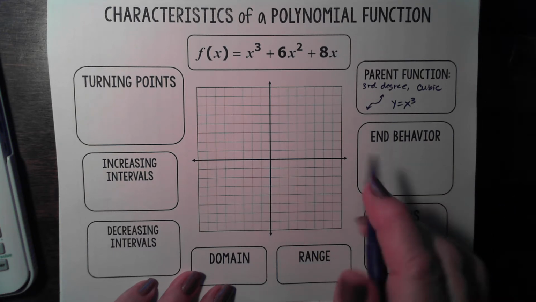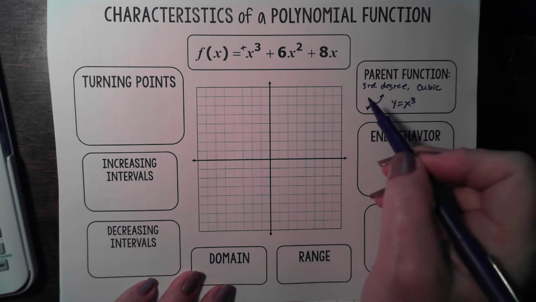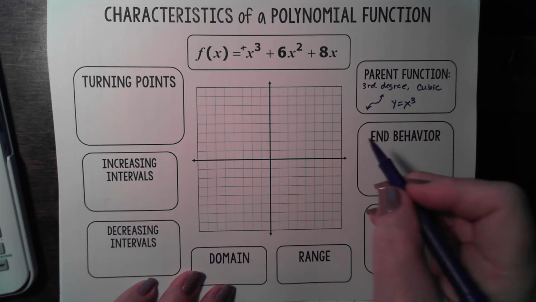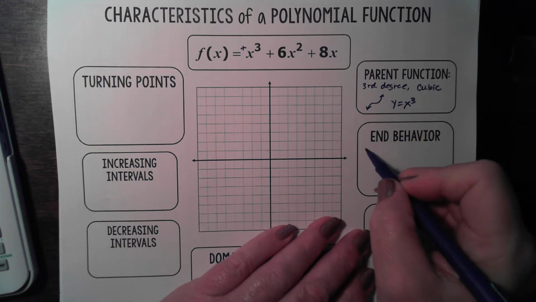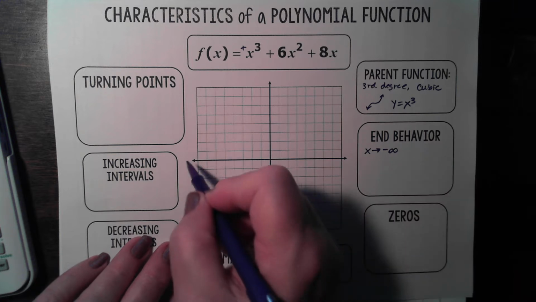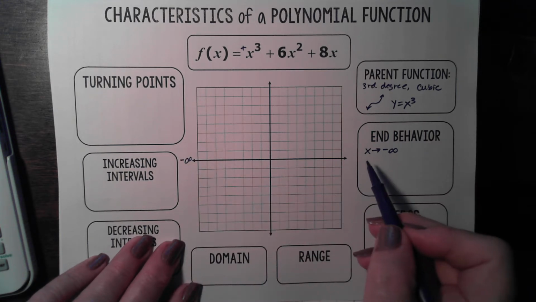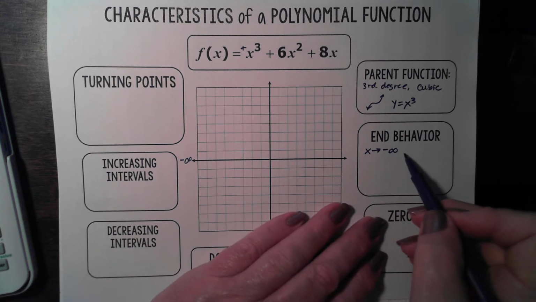The end behavior, because this is a positive in front of it, has the same end behavior as the parent function, which is as x is looking to the left, so as x is approaching negative infinity, because this is the x-axis, negative infinity is over here on the left. So I'm saying when you look to the left, what's happening to the function?